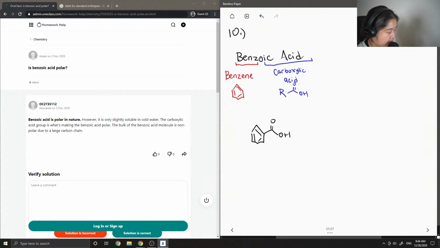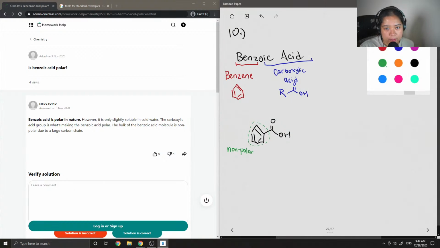Okay, so this question can be kind of tricky, and the reason for that is that the benzene group is considered nonpolar because all of the carbon and hydrogen groups have similar electronegativities. So there's no dipole moment if we just had a benzene ring on its own.